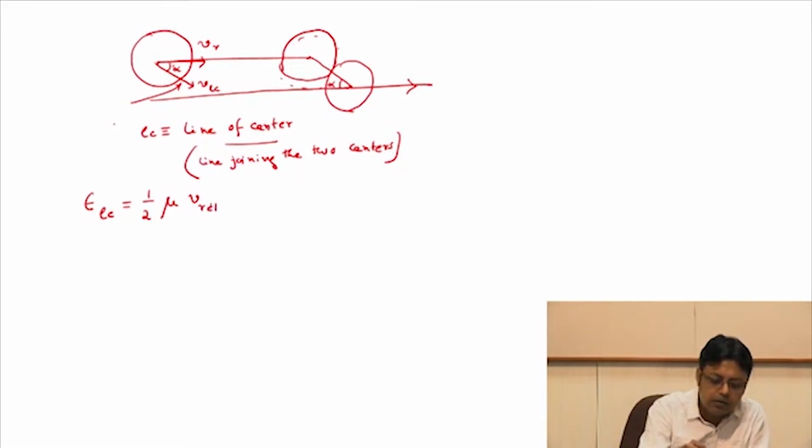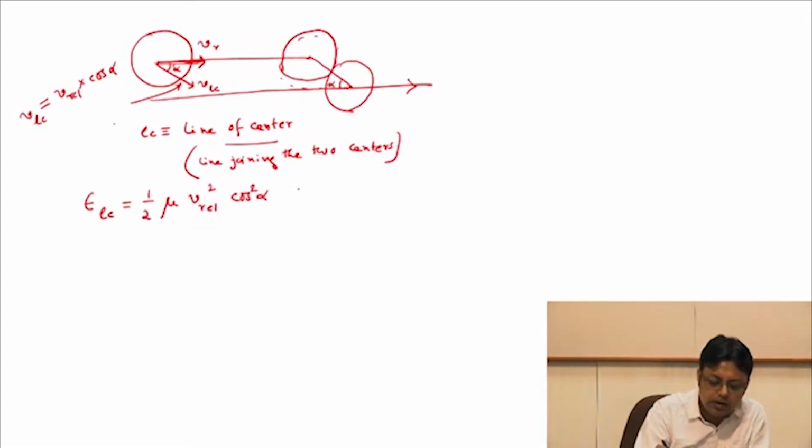The component along this line of center, VLC, is V relative into cos alpha. So this will be V relative square into cos square alpha.